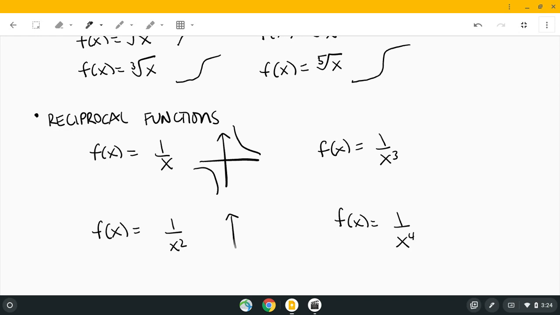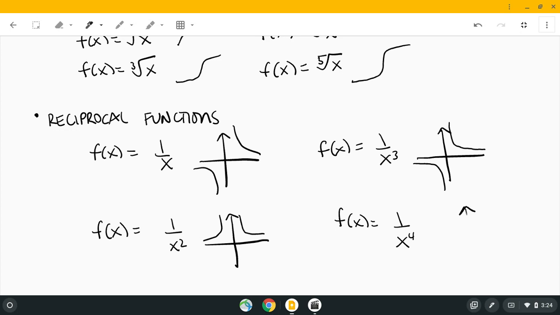And over here, when you have 1 over x squared, then you have this. You have a branch here, and you have a branch there. And so these top ones here, this is for like the odds, x to the first, x cubed, x to the fifth, etc. And what happens here is your graph gets kind of closer in towards the origin.